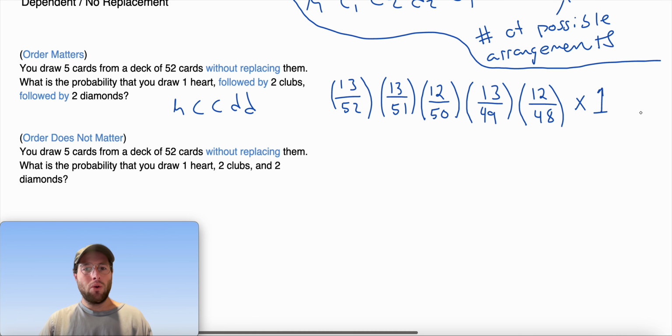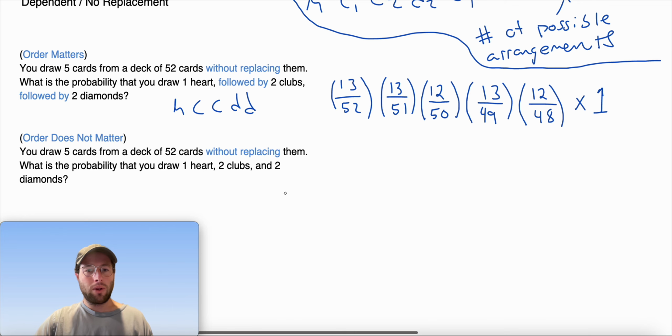Okay, so now when order does not matter, you draw 5 cards from a deck of 52 cards without replacing them. What is the probability that you draw one heart, 2 clubs, and 2 diamonds? So what we're going to do is use the general probability of drawing one heart, 2 clubs, and 2 diamonds, which we just found in the previous problem.